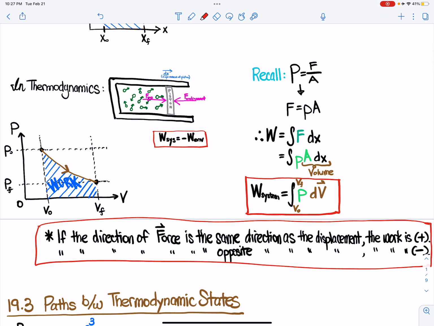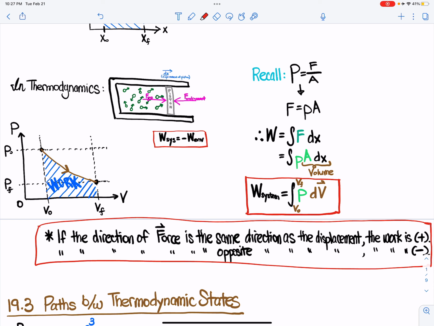That is symbolized by the PV diagram right here. We have an initial state and a final state, and we're going to get the integral of this pressure along this volume. So that's this area right here, which is work, the area under the curve.